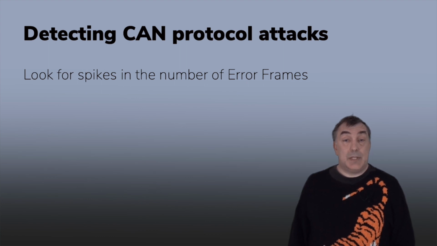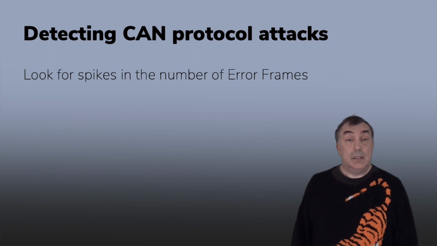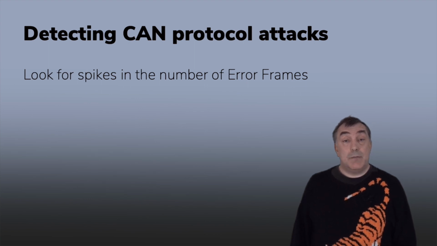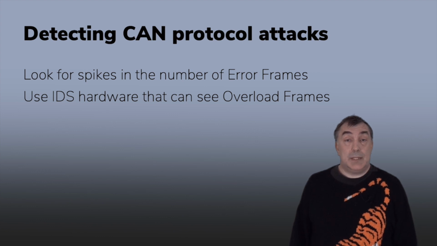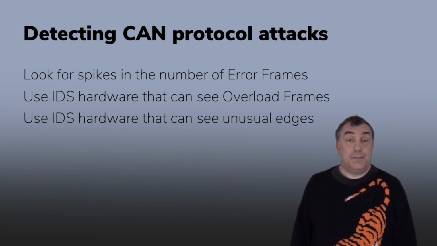This is why Canis Labs has developed its own intrusion detection silicon that counts double receive errors directly. Overload frames are invisible to most CAN controllers, but using the right hardware, they can be spotted. The Janus attack puts edges in a bit at unusual places. It can be detected by hardware that spots a pattern of rising or falling edges within a sequence of CAN bits.